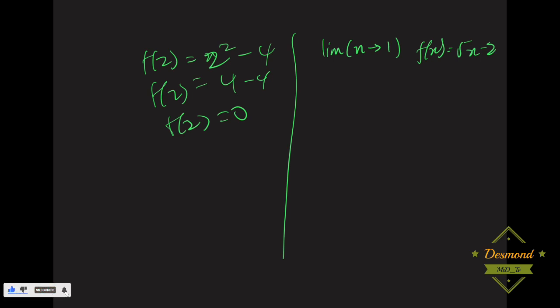So we go step by step. So here we have f of 1, 5 multiplying 1 minus 2. So f of 1 is 5 minus 2. So f of 1 is 3. Very easy.